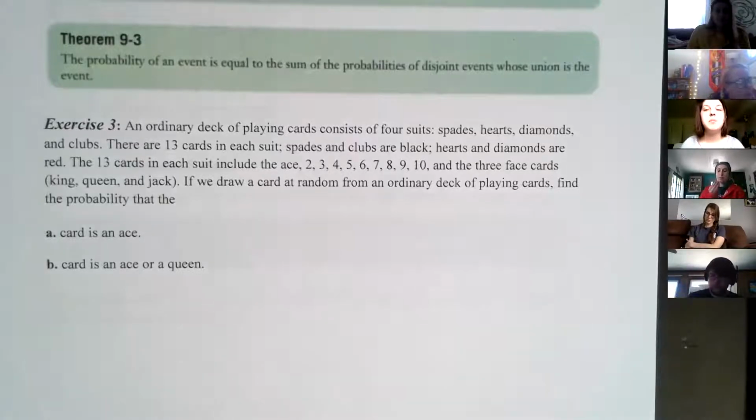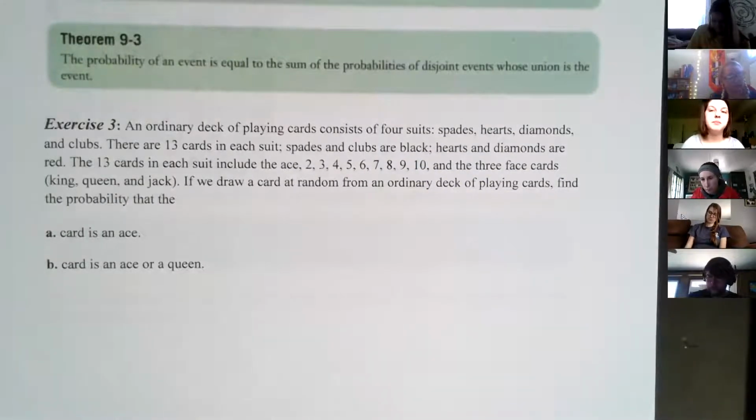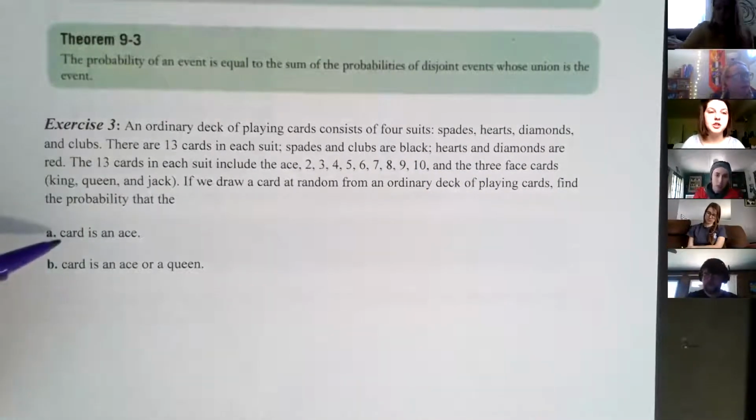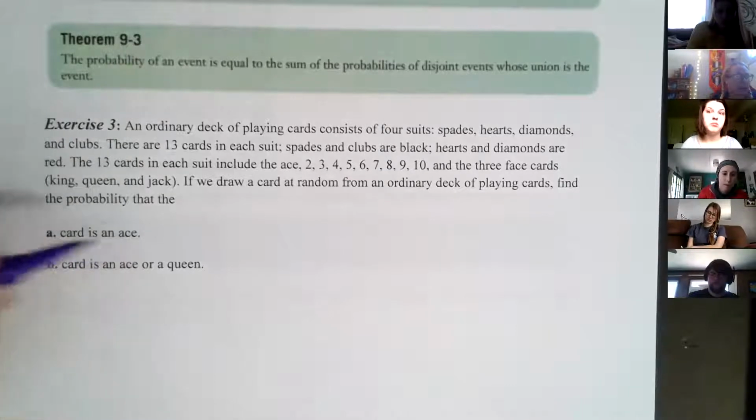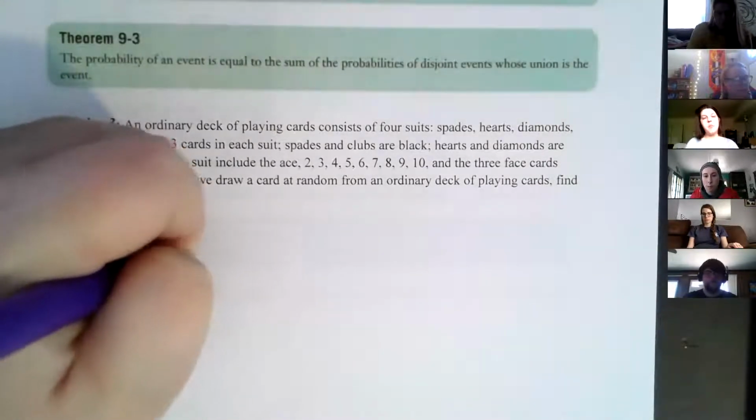All right, so if we draw a card from an ordinary deck of playing cards, find the probability that the card is an ace. So if I look at the aces in my deck, how many aces are in a deck? 4. So that 4 would be out of 52. 4 out of 52.